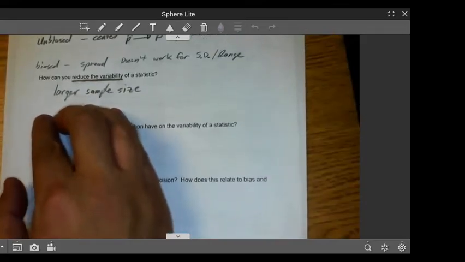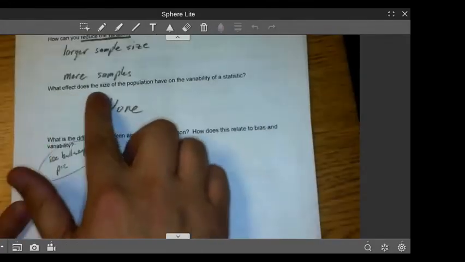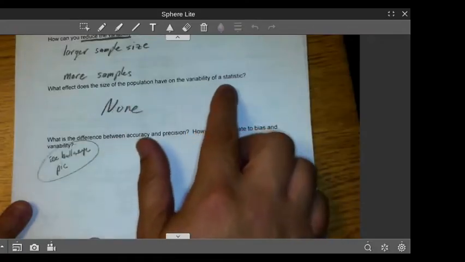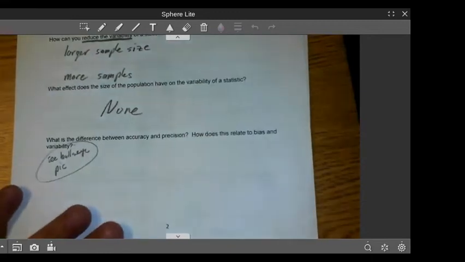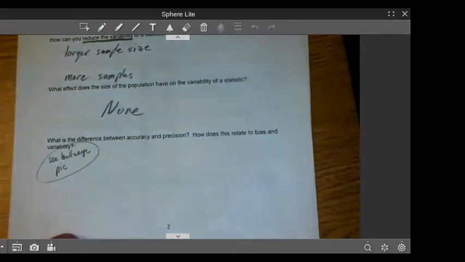You can also stratify, but that's not what we're talking about. Then this last one: what effect does the population size have on the variability of a statistic? This isn't that big of a deal. On this one, there isn't one. Again, there's a difference between the population size and the sample size, but it's the sample size that's important.